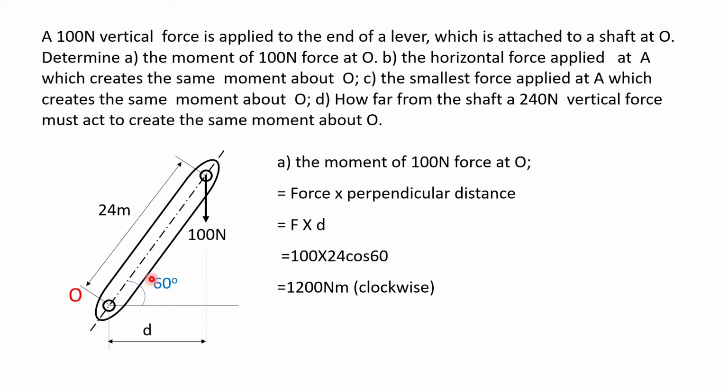So in this way we can easily calculate the moment about point O, and since we can easily visualize that it is creating the turning effect in the clockwise direction, we can give the sign convention as negative, or we can write down in the bracket as clockwise.